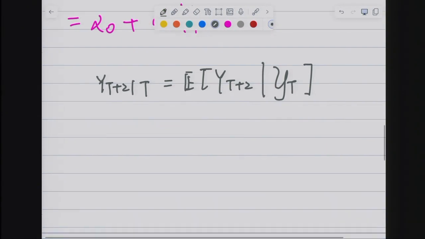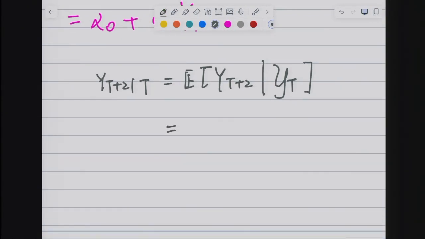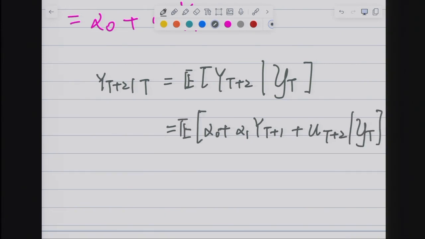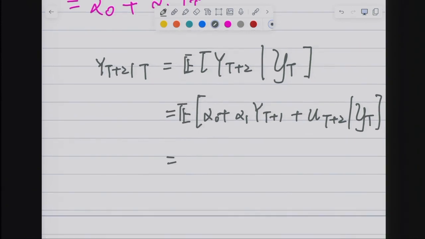Okay? Now, if we plug in the AR(1) equation for y_{T+2}, that is essentially alpha naught plus alpha 1 times its immediate past, which is y_{T+1}, plus the error term that happens at the same period as T+2, which is u_{T+2}, conditioning on all past information up to time T. Now, using linearity again, we have alpha naught plus alpha 1 times the expected value of y_{T+1} given all past information.